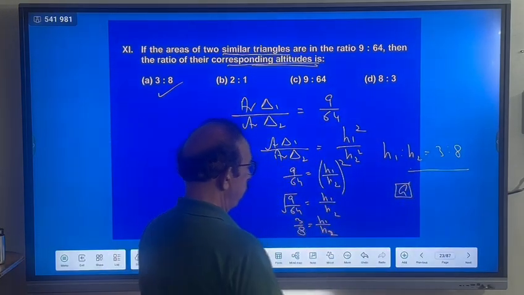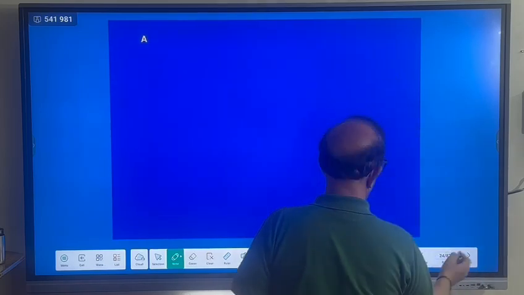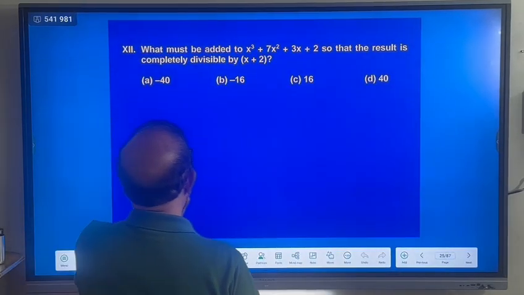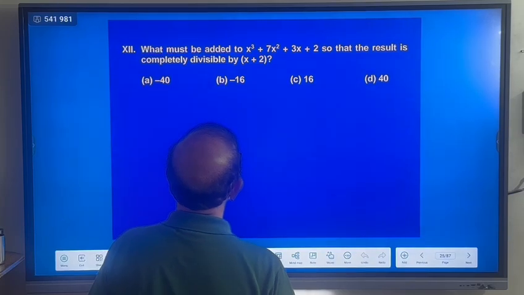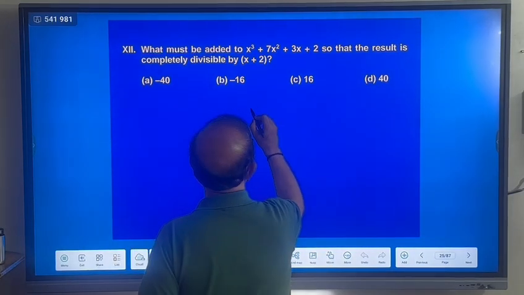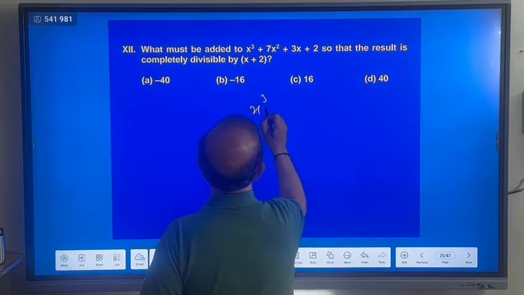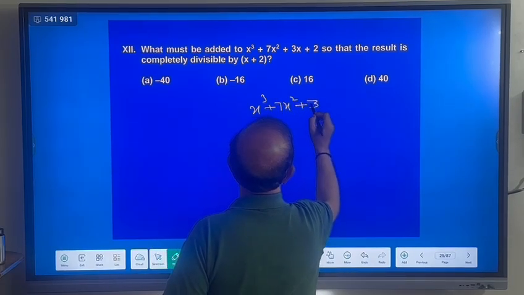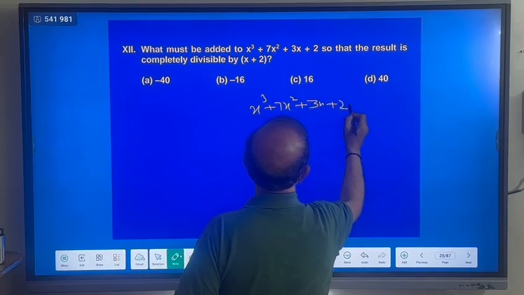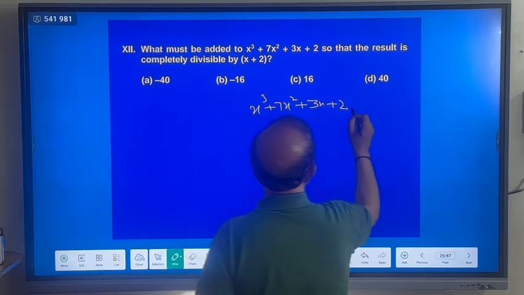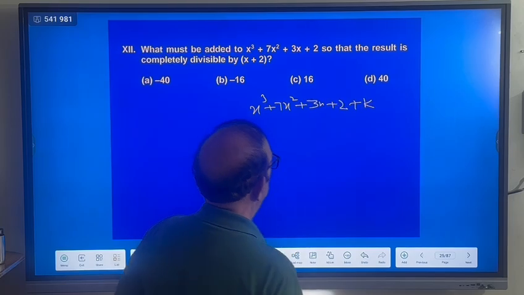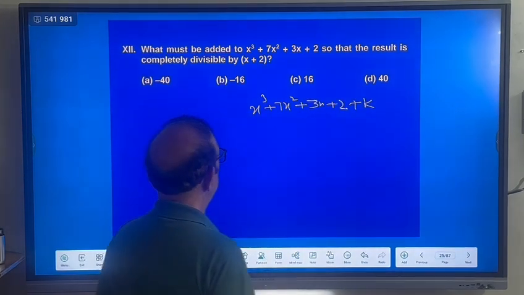Now next, MCQ number 12. What must be added to x cube plus 7x square plus 3x plus 2? What should be added? Let k be added. Any k or m, n or something.